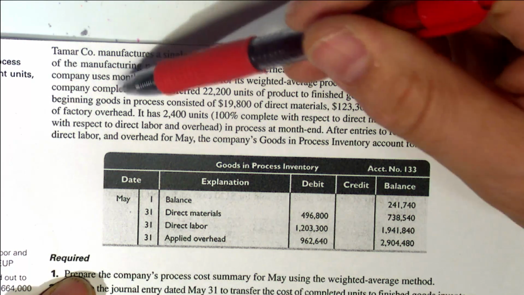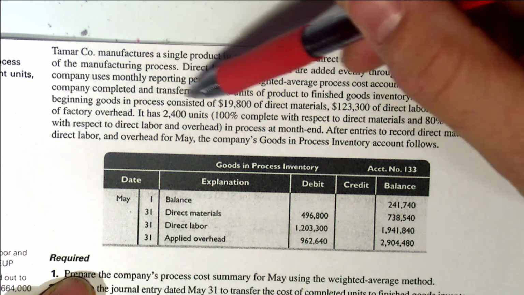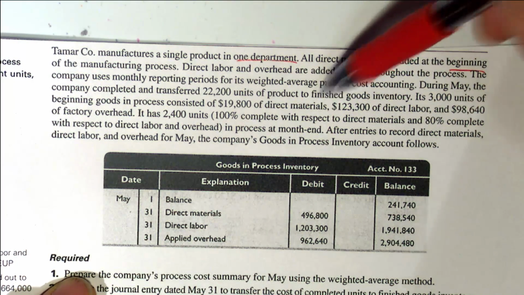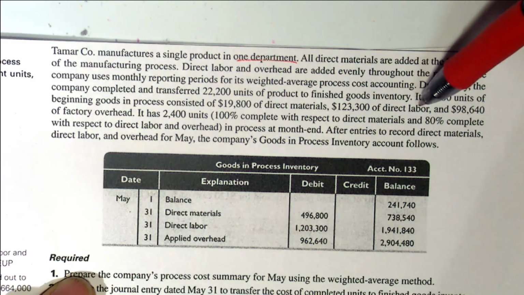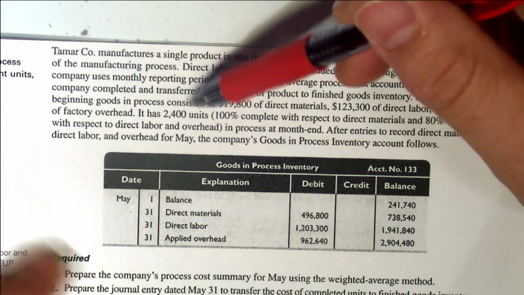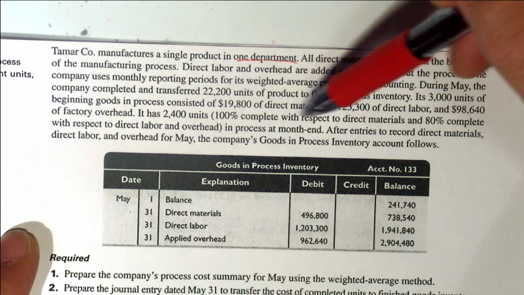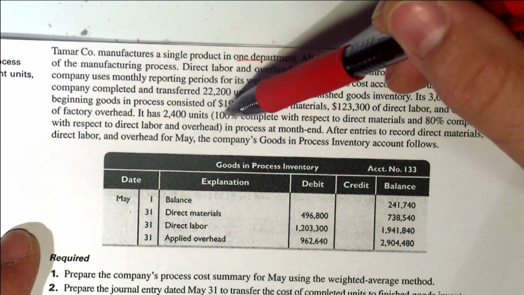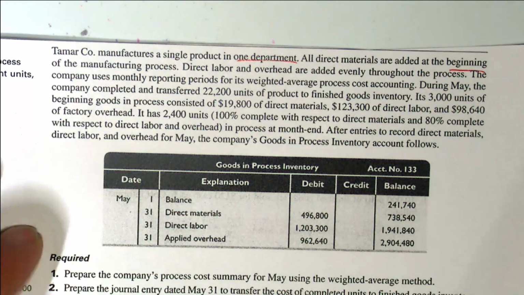Its 3,000 units of beginning goods in process consist of 19,800 of direct materials, 123,300 of direct labor, and 98,460 of factory overhead. It has 2,400 units that are 100% complete with respect to direct materials and 80% complete with respect to direct labor and overhead in process at month end.